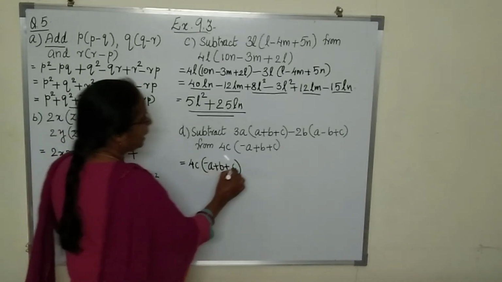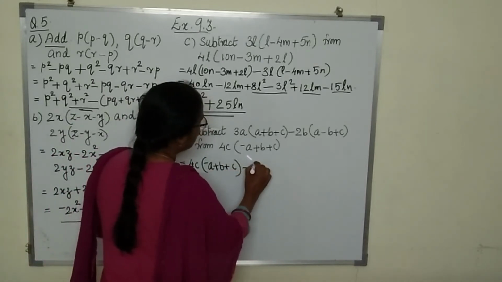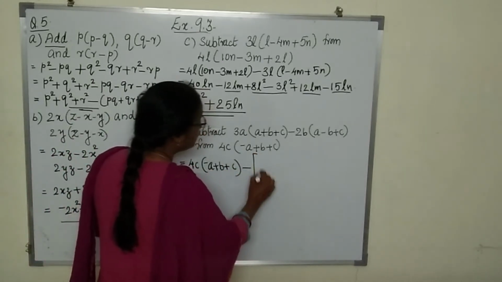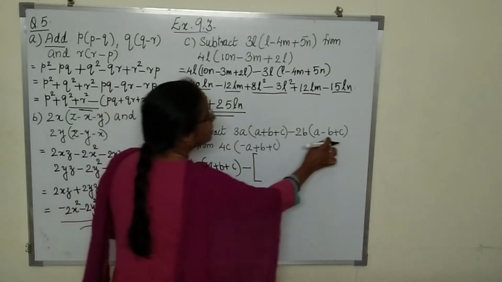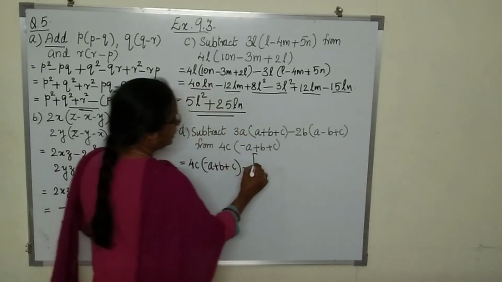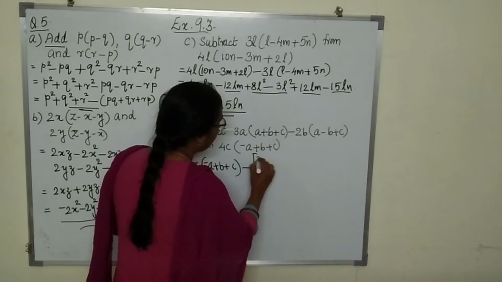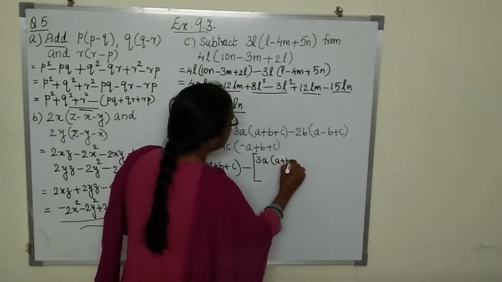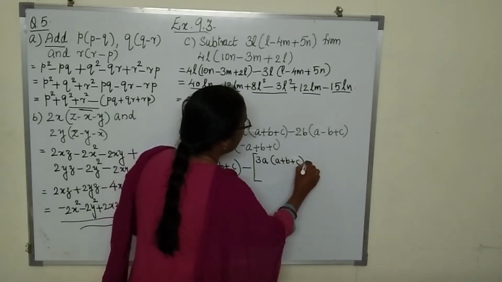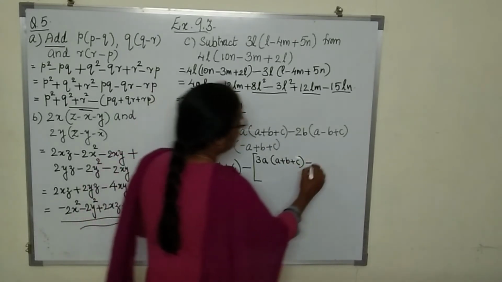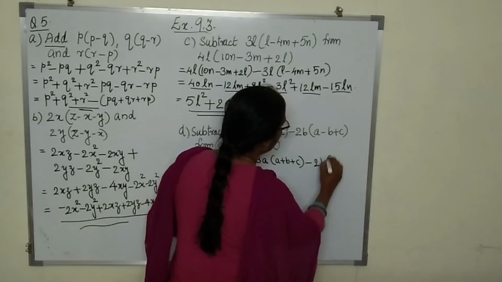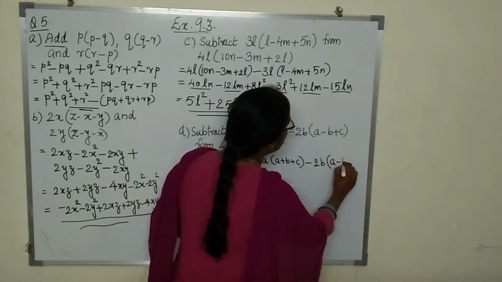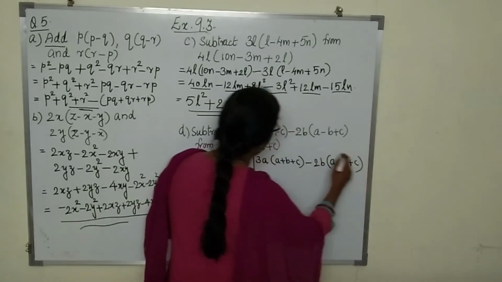From this product we have to subtract the product of these two, that is 3a into a plus b plus c minus 2b into a minus b plus c.